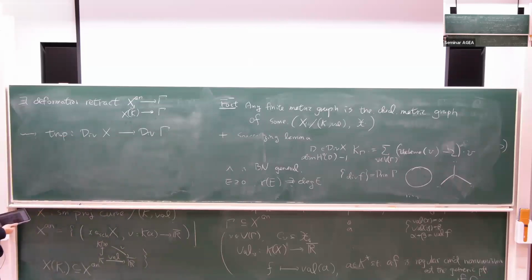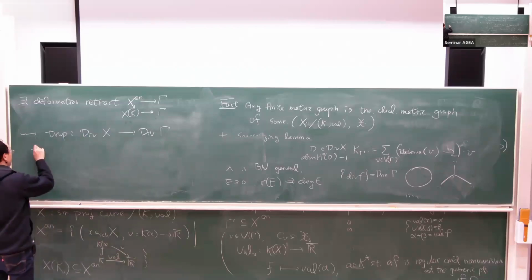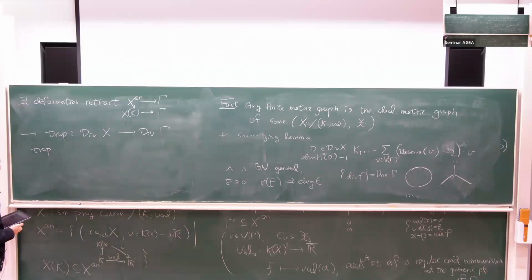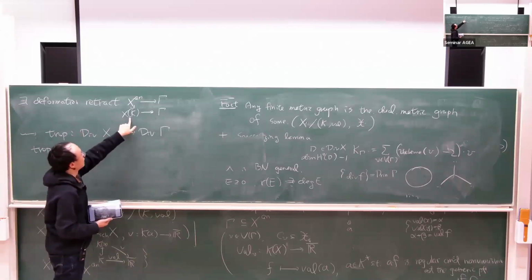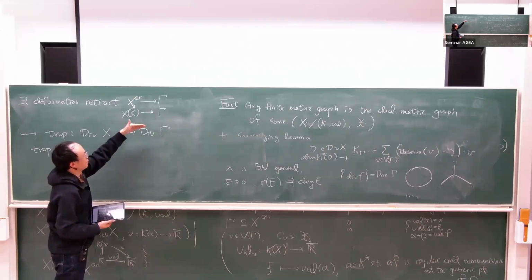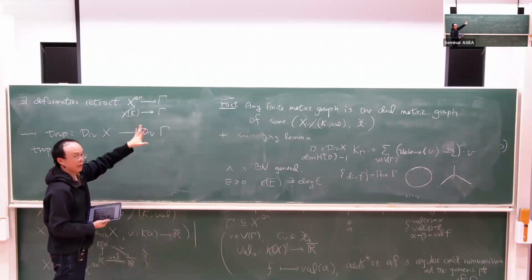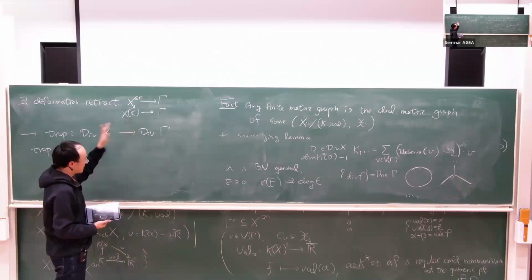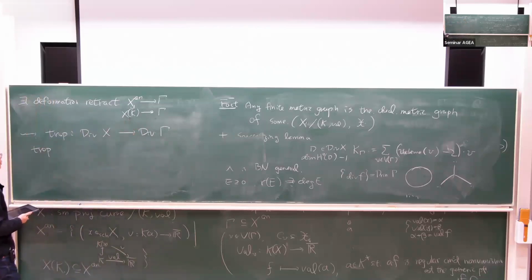So this is the tropicalization map we have before. Sorry, they might not be the same, because in this way the image of this tropicalization map may not be supported on vertices, right? But it's also a tropicalization map, and it also satisfies the specialization lemma. But you need to prove this.